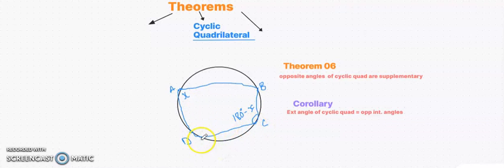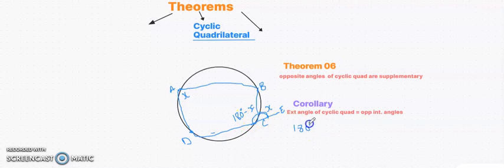Now, if we extend the line DC to E, what is the size of this angle? If the size of this angle is 180 degrees minus x, what do you think is the size of this angle? This angle is going to be x, because angles on a straight line add up to 180 degrees.